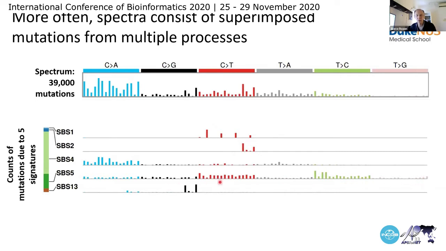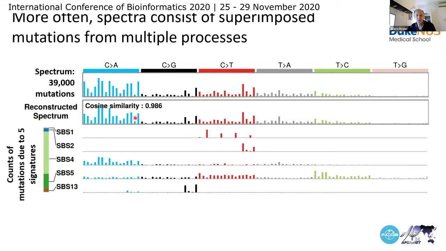We think it's something that occurs naturally in all our cells, as does SBS1, and then SBS13, which usually co-occurs with SBS2. So this spectrum is then a linear combination of mutations from each of these 5 signatures.